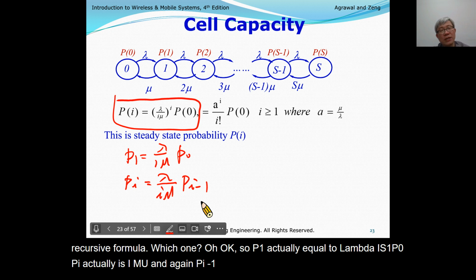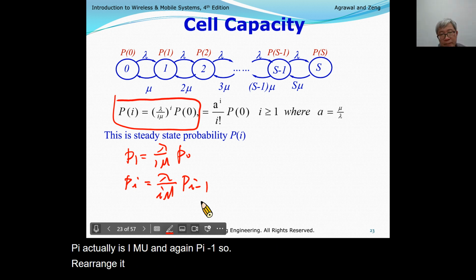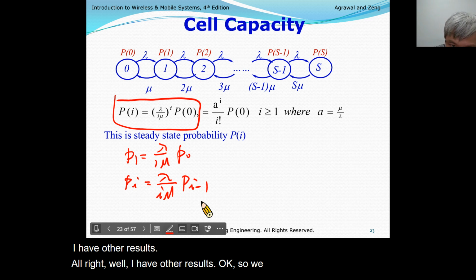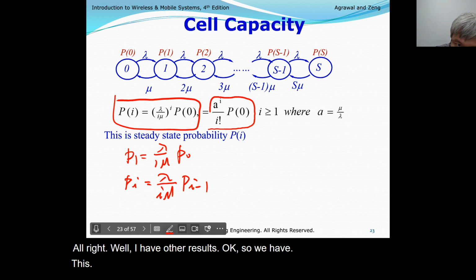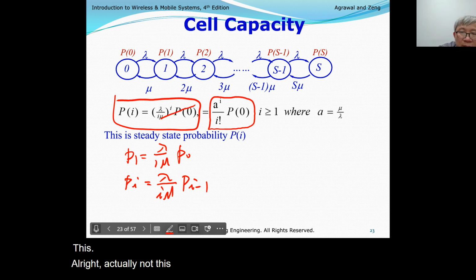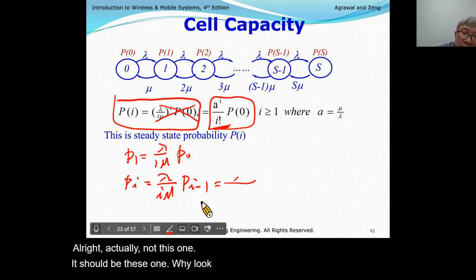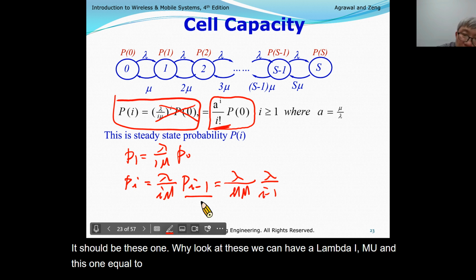So rearrange it, then we will have the result. Actually, not this one. It should be this one. Why? Look at this. We can have lambda over I mu, and this one equals lambda over I minus 1 mu, times P_{I minus 2}.